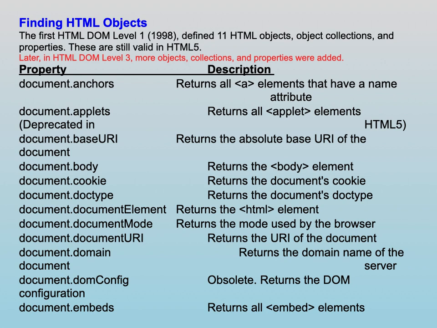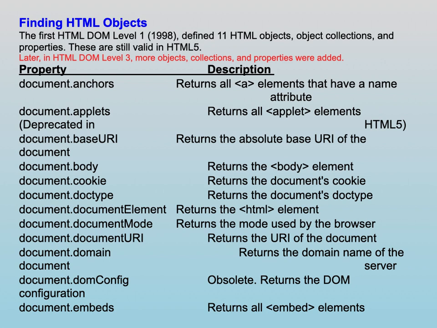From HTML's first version till HTML5, all the HTML objects, object collections and properties are still valid. Later in HTML DOM level 3, more objects, collections and properties were added, and in HTML5 again more were added. Some example properties and their descriptions are given here.